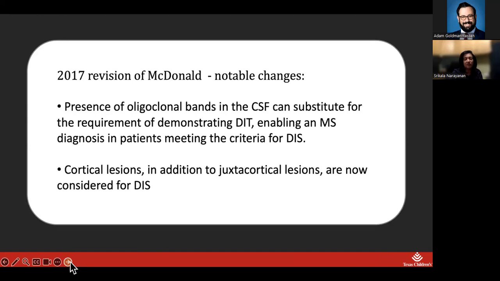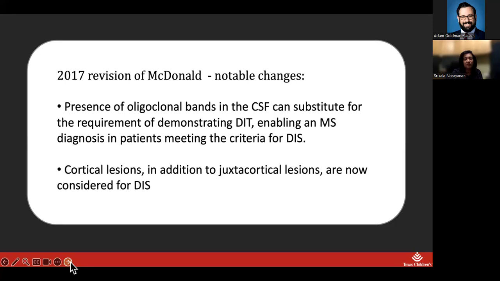So one of the things is that the oligoclonal bands in the CSF can substitute for the requirement of demonstrating dissemination in time, enabling an MS diagnosis in a patient who meets criteria for dissemination in space on MR imaging. This means if there's an initial attack and MR shows dissemination in space but not in time, but the CSF is positive for oligoclonal bands, then that is equivalent to showing dissemination in time.